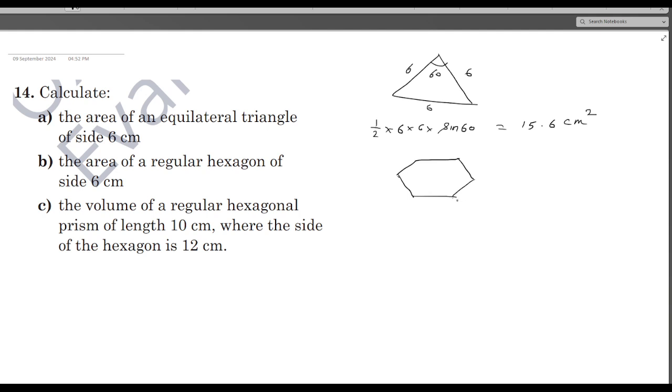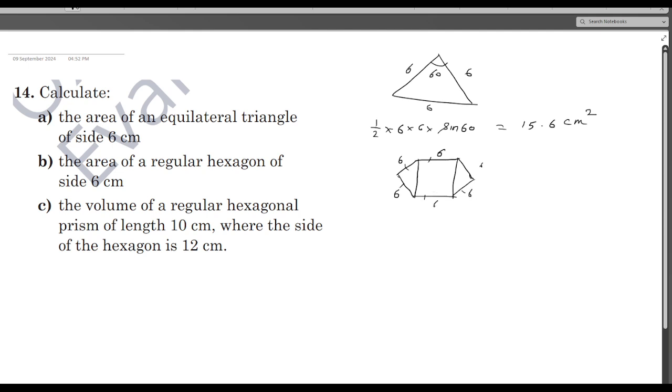Now here in this regular hexagon, 1 2 3 4 5 6, what we can do is divide it into one rectangle and two triangles. Now this rectangle will have this length. Here the length is 6, this is 6, this is 6, this is 6.